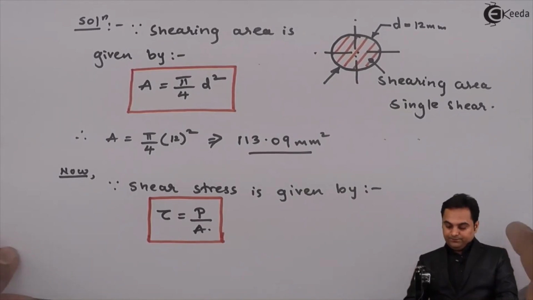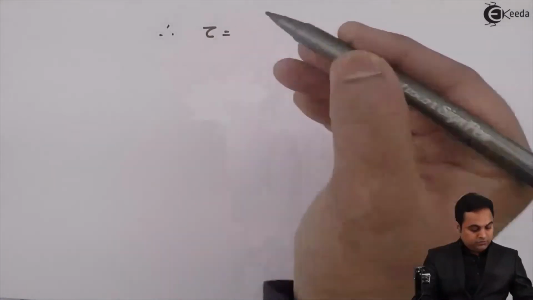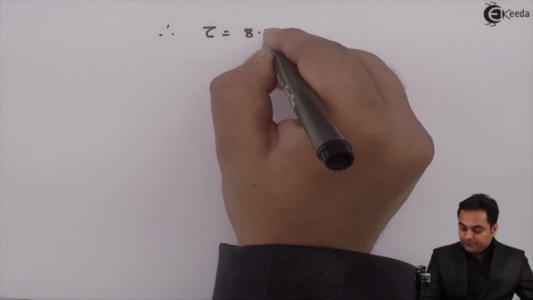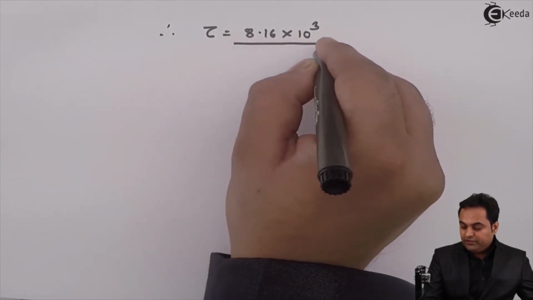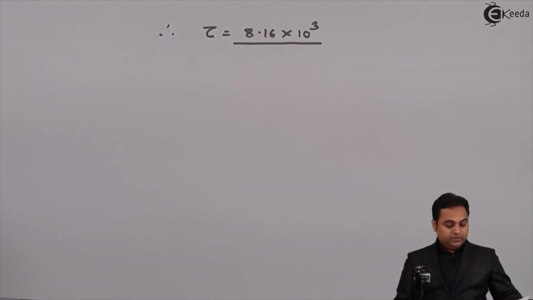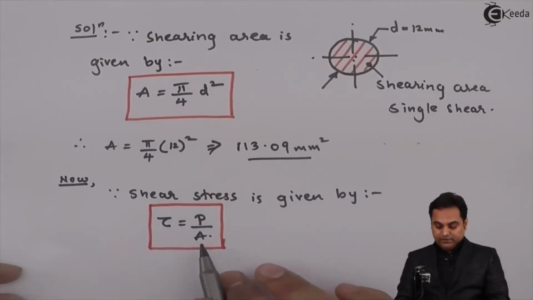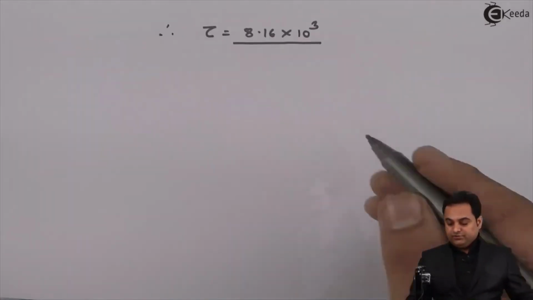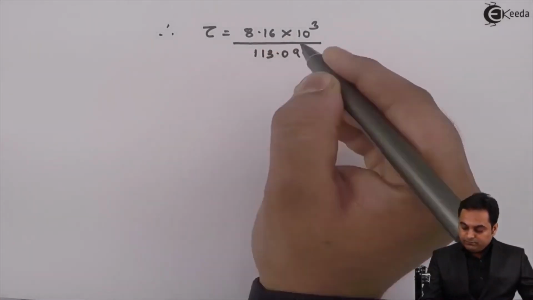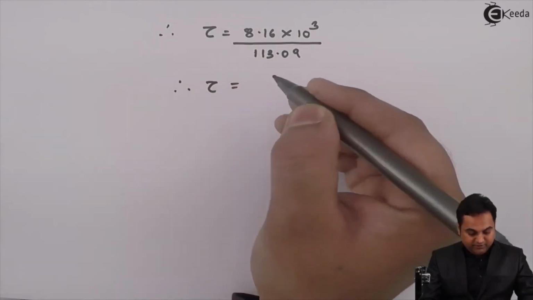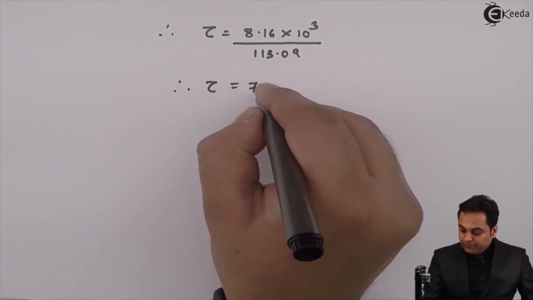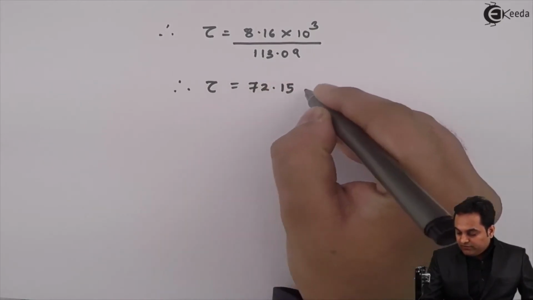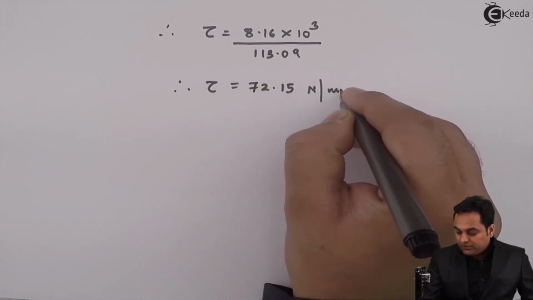so therefore tau is equal to, load is given in the problem as 8.16 kilonewton, so it is 8.16 into 10 raised to 3 Newton divided by area, which is 113.09. So from this I'll be getting the value of shear stress, which comes out to be 72.15 Newton per mm square.